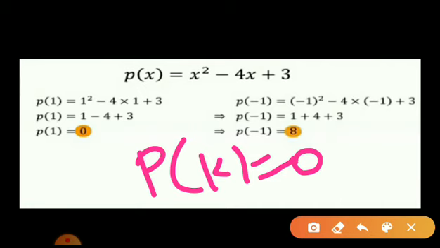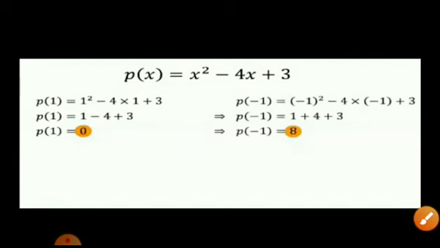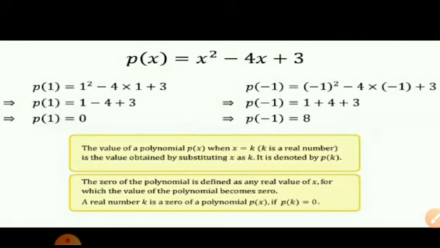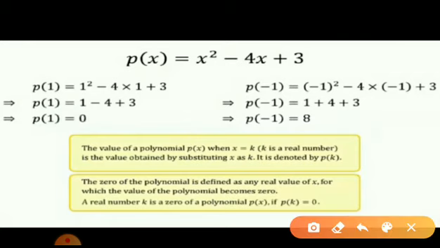Now in this case, can I say that x equal to 1 is the root of the given polynomial? Yes. And x equal to minus 1 is not the root of the given polynomial. So what we can say is a real number k is a zero of a polynomial p of x if p of k is equal to 0.